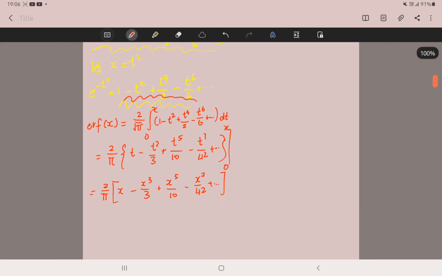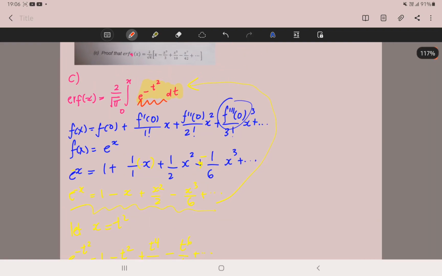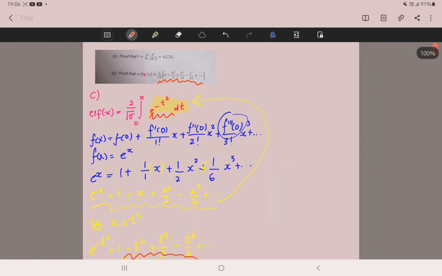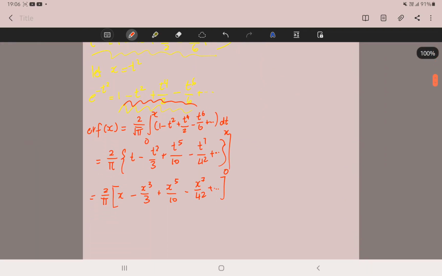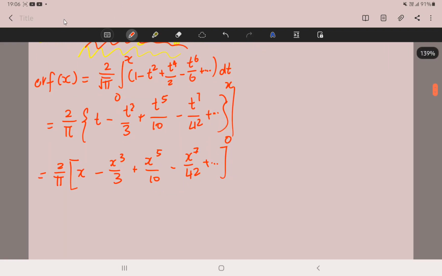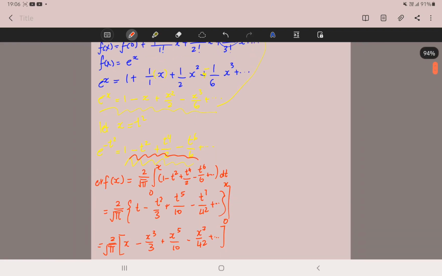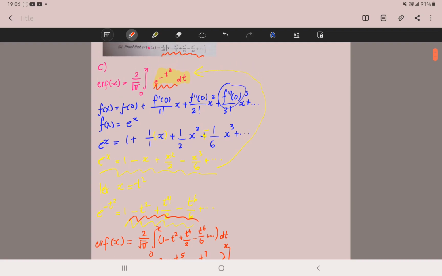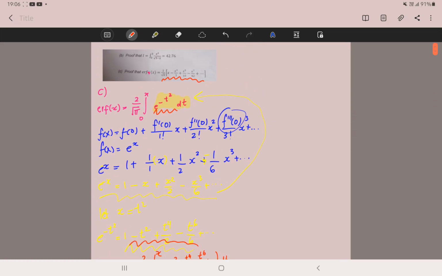So let's check if our expression is the same as the one that we want to prove. Alright, we forgot to put the square root of pi over here, so there is 2 over square root of pi here. So let's see, x minus x cubed over 3 plus x to the 5 divided by 10 minus x to the power of 7 divided by 42.